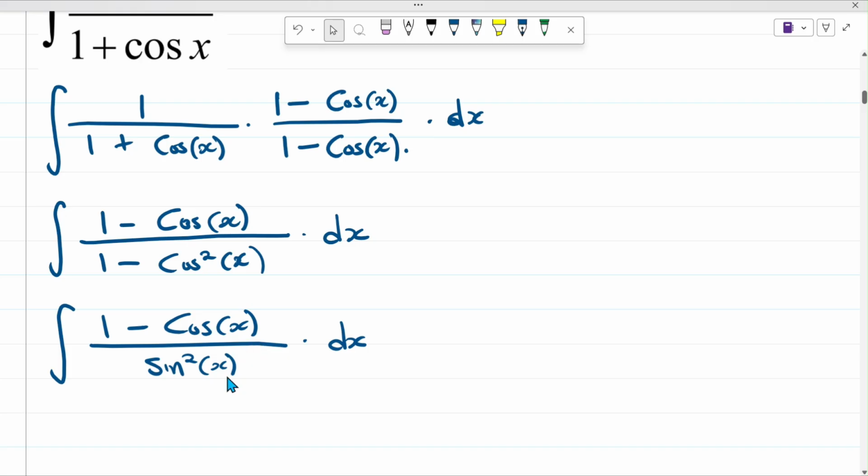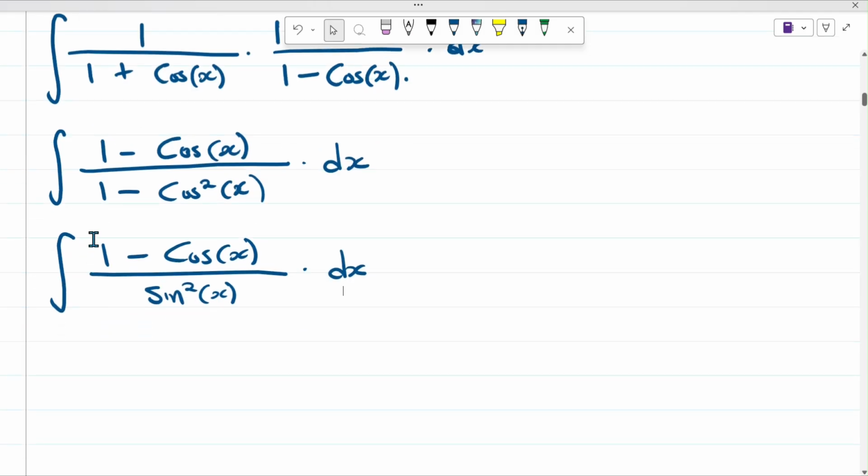After we had 1 minus cos squared, we changed it into sine squared, then we split and make each numerator term have its own denominator, meaning we're going to have 1 over sine squared minus cos divided by sine squared.